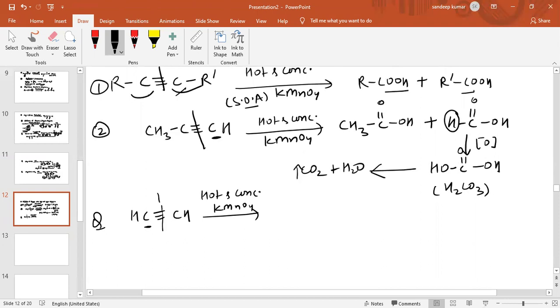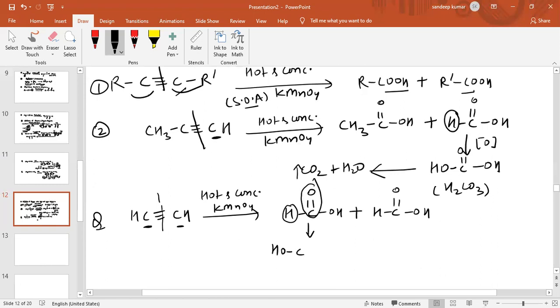It will convert into a carboxylic acid of one carbon, and it will also convert into a carboxylic acid of one carbon. So it will convert into HCOOH, and this will also convert into HCOOH. Again, as you can see, this is C double bond O, and hydrogen is attached to the C double bond O.